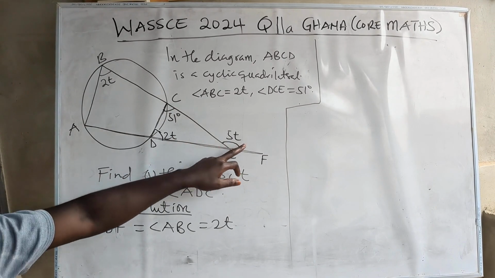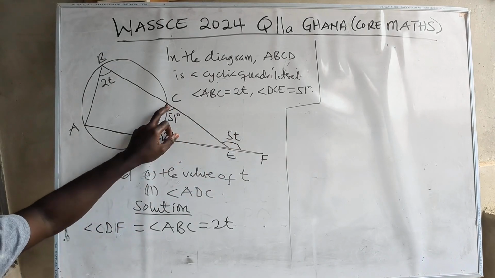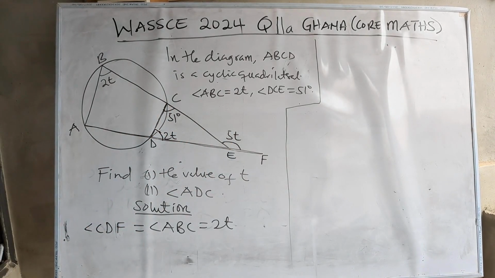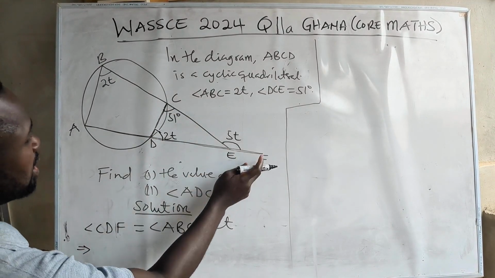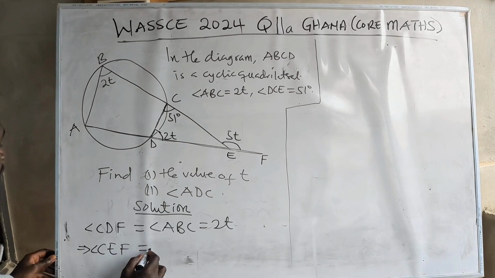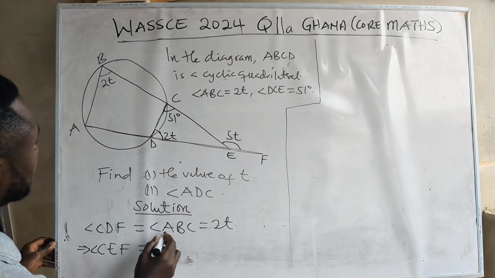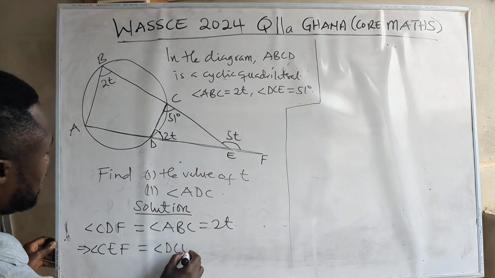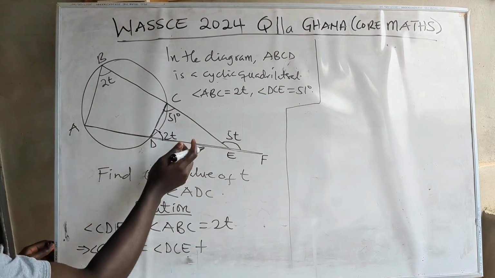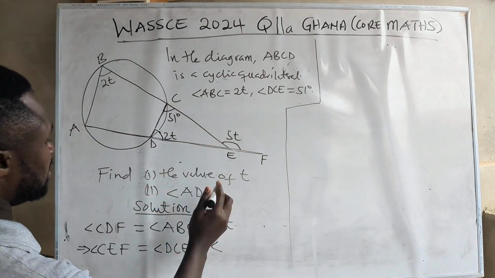So we know that here is also an exterior angle, and this exterior angle is equal to the sum of the opposite interior angles. So we can say that angle CEF is equal to the sum of angle DCE plus angle CDE.